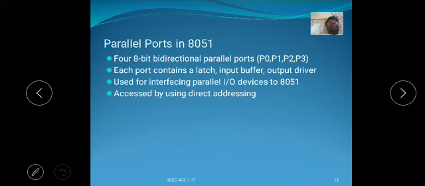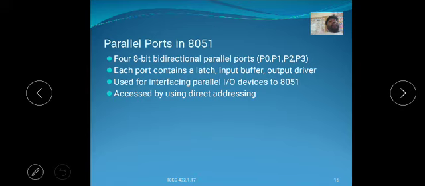Used for interfacing the parallel input-output devices to 8051. Accessed by using direct addressing.